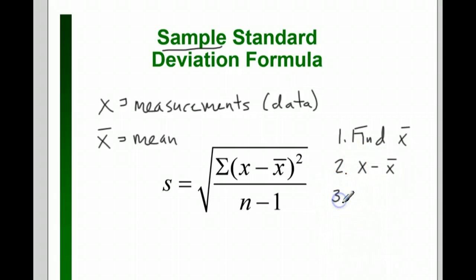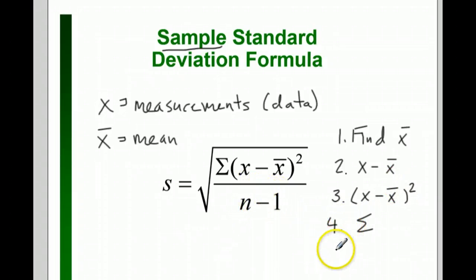And then you square that, meaning you square all those differences from the mean minus the data values. These are called deviations from the mean. This is a squared deviation. And then you add up all those squared deviations from step 3.